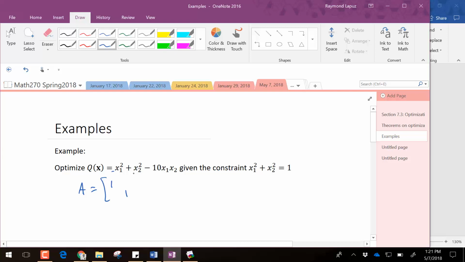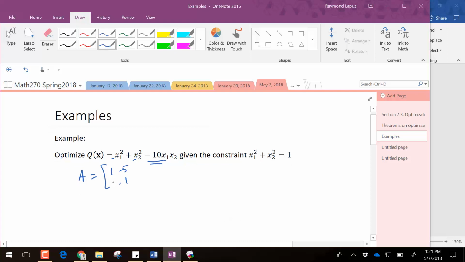The coefficients of your squared terms are 1 and 1, and then your cross product term is cut in half: -5, -5. So let's find the eigenvalues and eigenspaces. We have 1 minus lambda, -5, -5, 1 minus lambda.